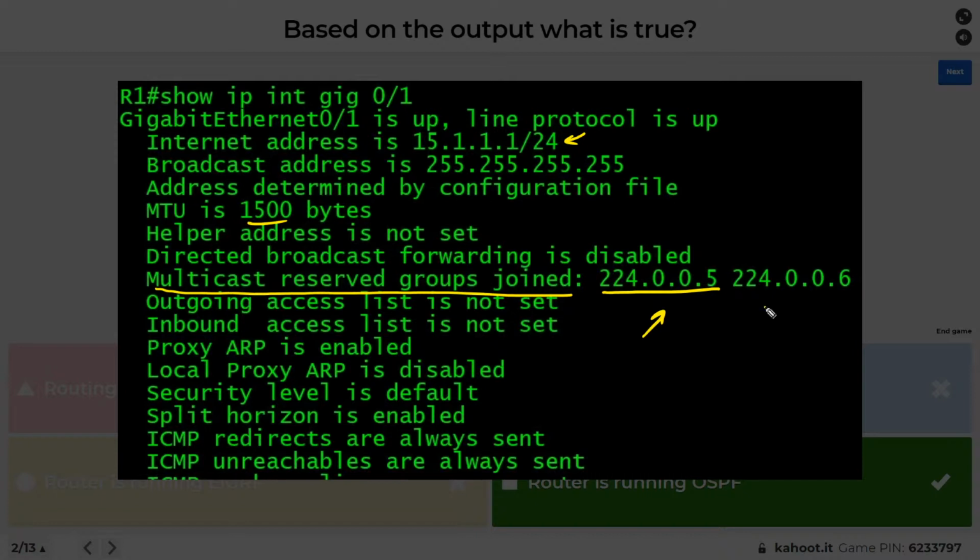And if you're special and you've gone to medical school or you have a degree or a doctorate, you can become a DR or a backup DR, a designated router, all kidding aside. And that's why this is showing up. And DR has joined that group. So this router is running OSPF. And it's a DR or BDR. And then the rest of this is not really relevant to the question. So that's how I would approach that.